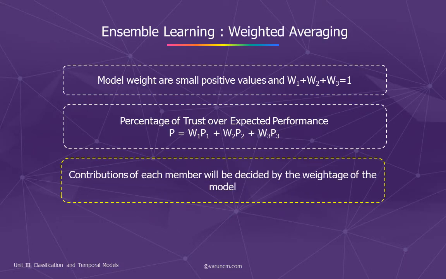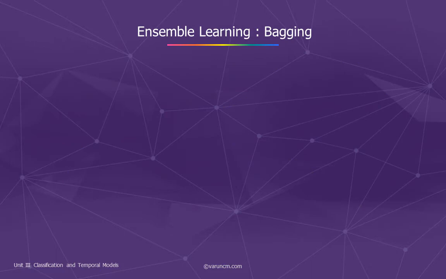The contribution of each member or each model in this ensemble learning will be decided by the weightage of the model. So whatever weightage you put over a particular model, that will be the contribution of each.